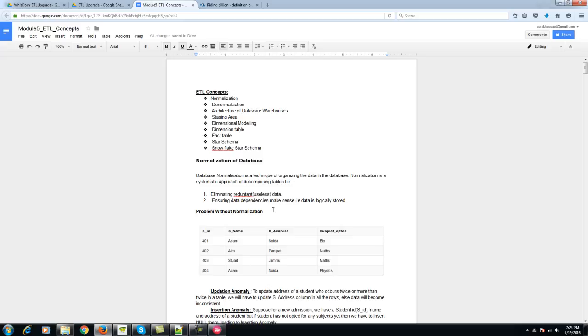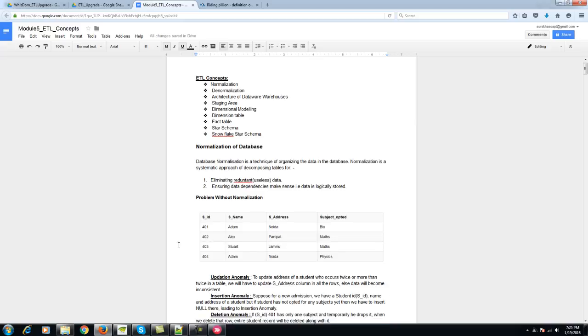And the second thing is that you have data dependencies that make logical sense. So what do those two statements mean?